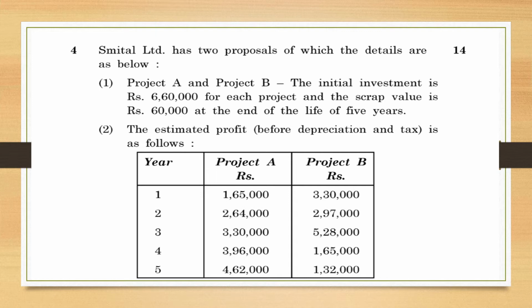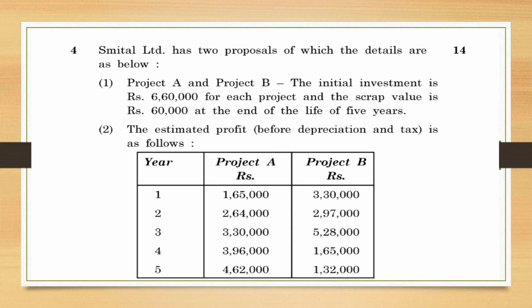The table gives the details. During the first year, Project A gives a profit of 1,65,000, whereas Project B gives a profit of 3,30,000. Second year, Project A gives a profit of 2,64,000, Project B gives 2,97,000.